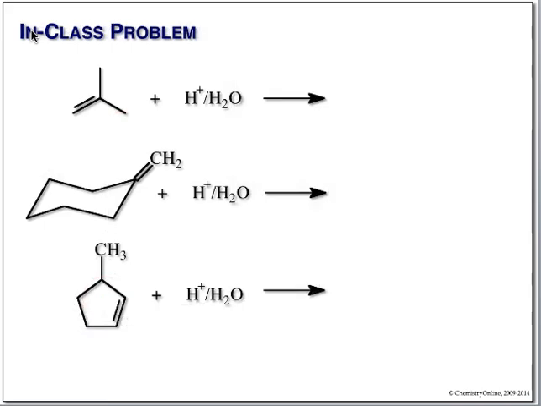All right, let's do some. You need to look at these and say, what's going to be my most stable carbocation? You need to realize that this could rearrange. Then you simply add the OH to make the alcohol. Our most stable carbocation is going to be in our tertiary center.